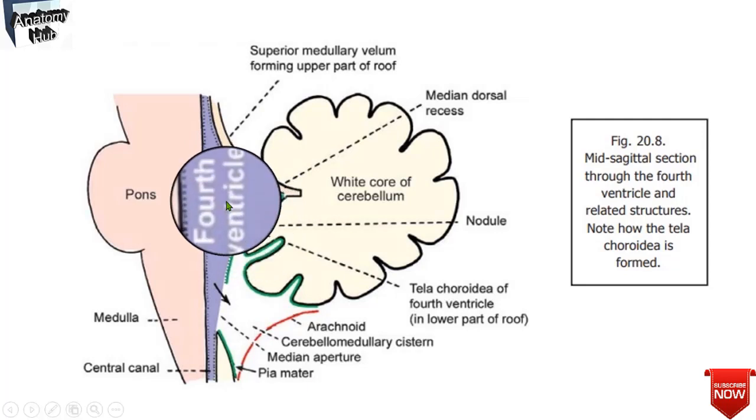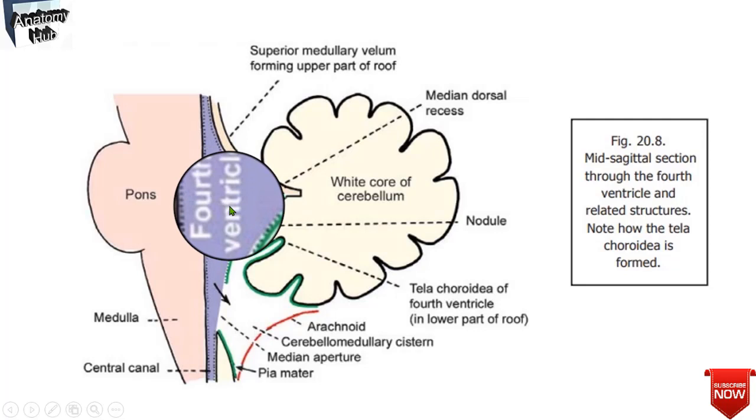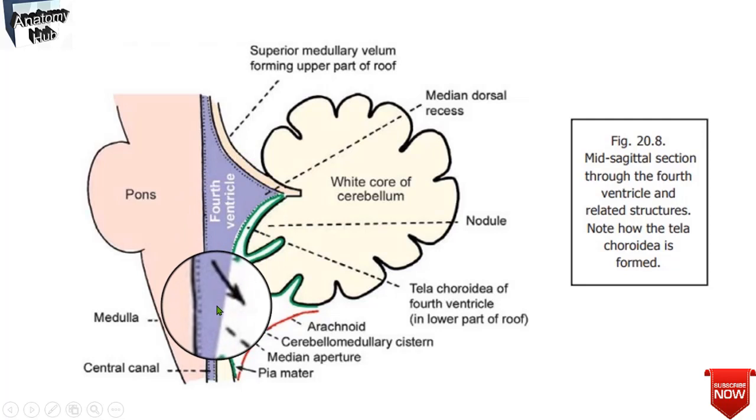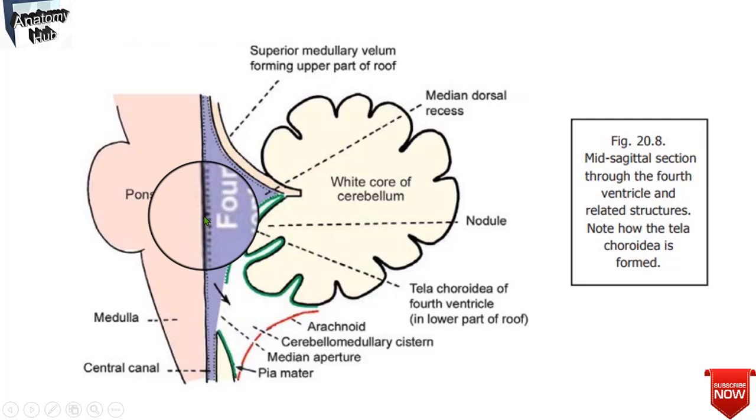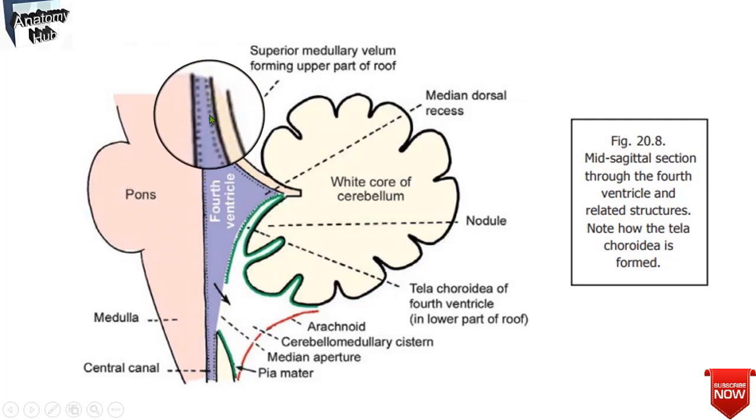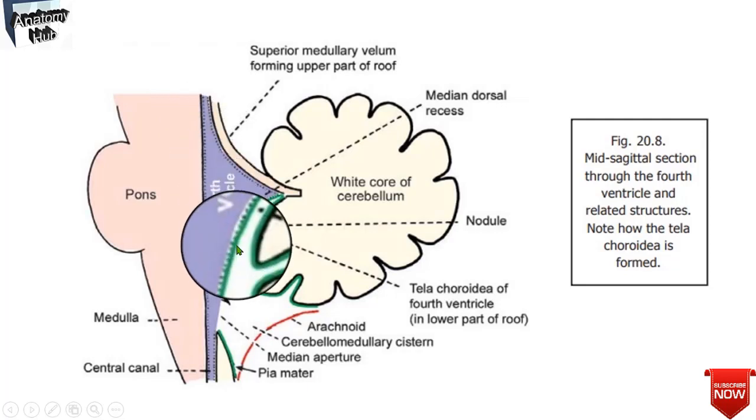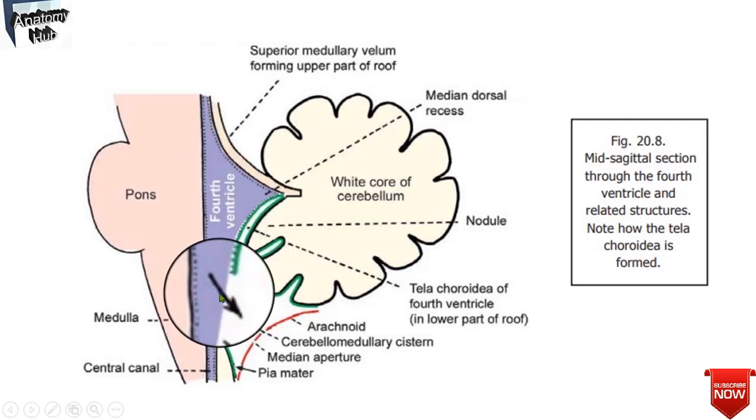The cavity of the fourth ventricle is continuous inferiorly with the central canal, and superiorly with the cerebral aqueduct, and it communicates with the subarachnoid space through three apertures, one median and two lateral.